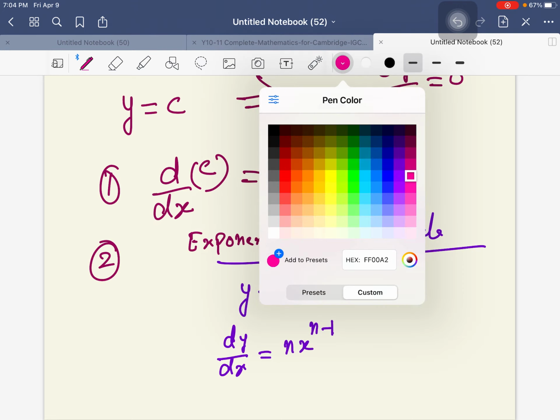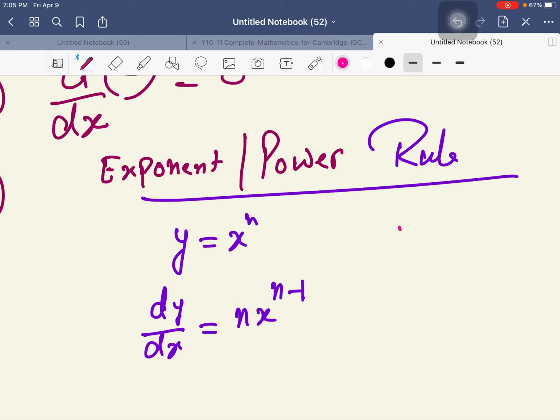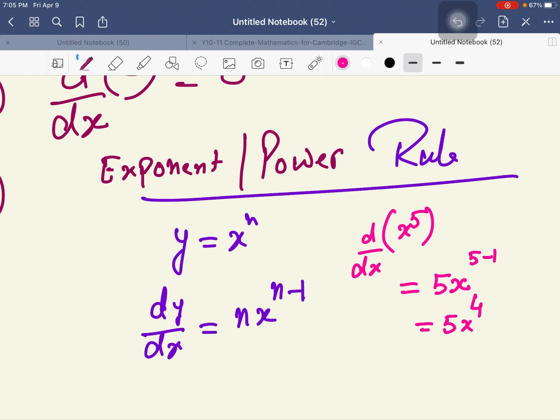Example, if I take x power 5, derivative of x power 5 by power rule will be exponent comes in front of x and exponent reduced by 1, 5 minus 1, which is 5x power 4.